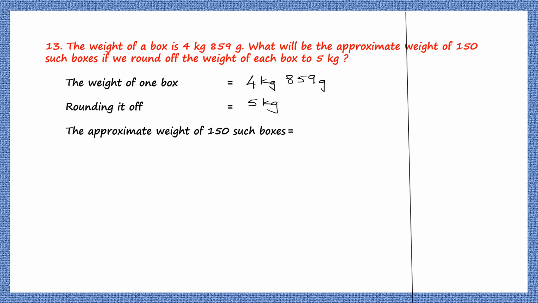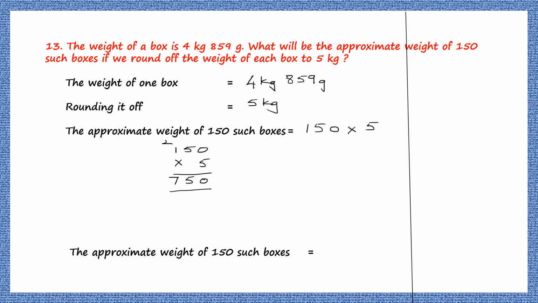The weight of 150 such boxes will be 150 boxes into 5 kg. So let's multiply this. 150 into 5. 5 zeros are 0, 5 fives are 25, carry 2, 5 ones are 5, 6, 7. So 750. So the approximate weight of 150 such boxes is 750 kilograms. So this is our answer.